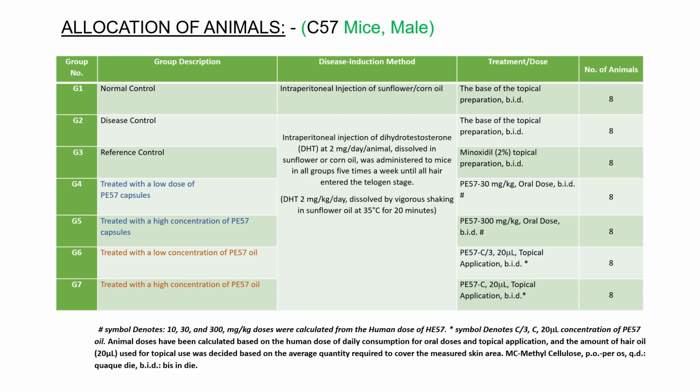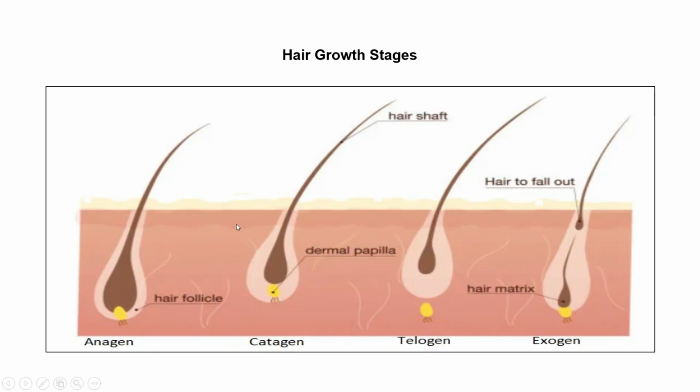So how will we decide whether it has entered the telogen stage or not? Again, you can see here it is reduced, whereas in the anagen phase the hair follicles are completely healthy and cover the whole diameter around, and here it is reduced.